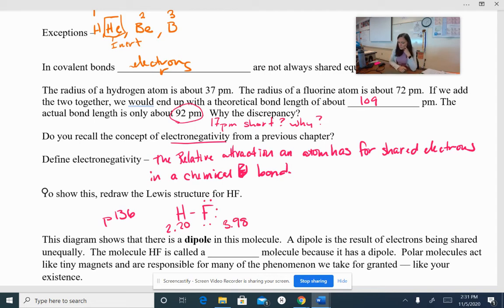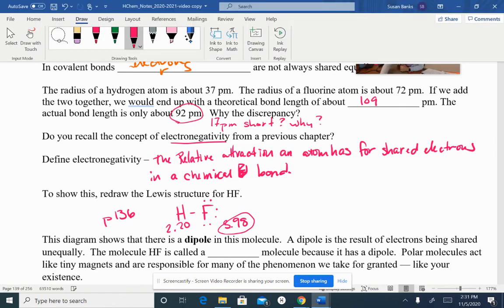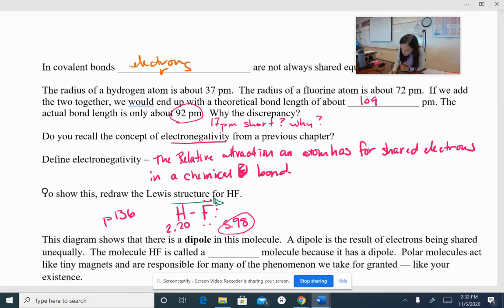So which one is larger? 3.98 is significantly larger than 2.20, which means that the electrons are going to be pulled towards the fluorine because the fluorine has more attraction for those electrons. These shared electrons are going to spend more time around the fluorine than around the hydrogen, which is going to suck the hydrogen in even closer to the fluorine. Okay?